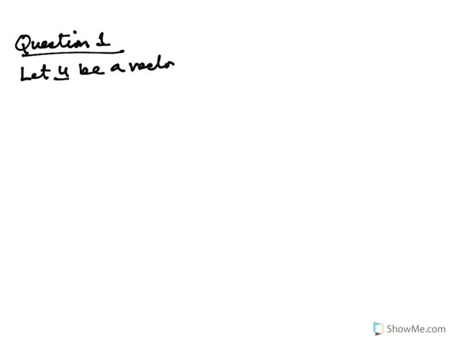The objective of this lecture is to provide solutions to the first theory assignment. Question 1 is as follows. Let U be a vector with constant magnitude.